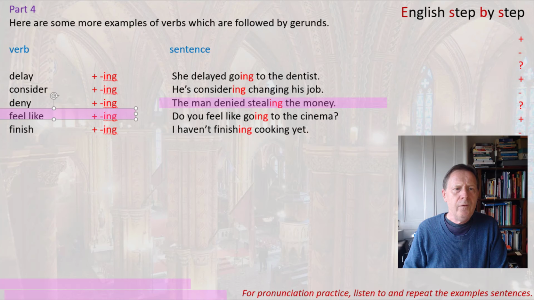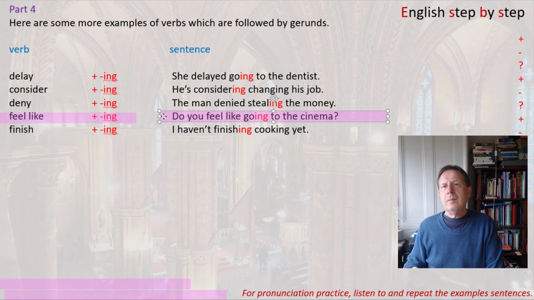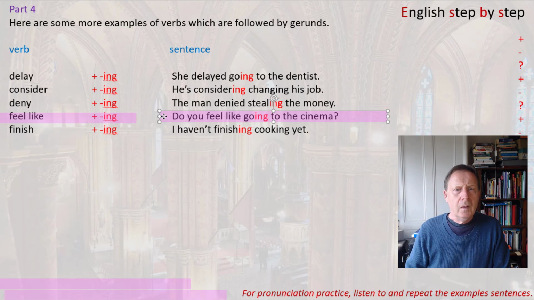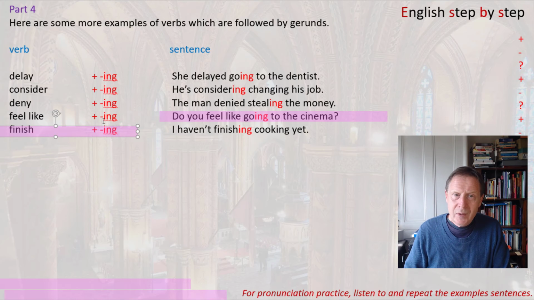Next one, feel like. Yes, this is a very common one. Do you feel like going to the cinema? That's another conversational way to say, would you like to go to the cinema? Do you feel like going to the cinema? Next one, finish. I haven't finished cooking yet. So you can see present perfect, I haven't finished.